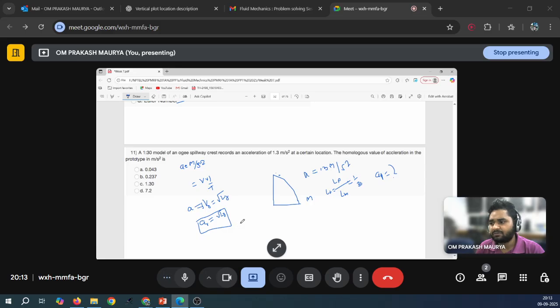AR is AP divided by AM. LR means LP by LM, which is 1 by 30. So from here you can very easily calculate.